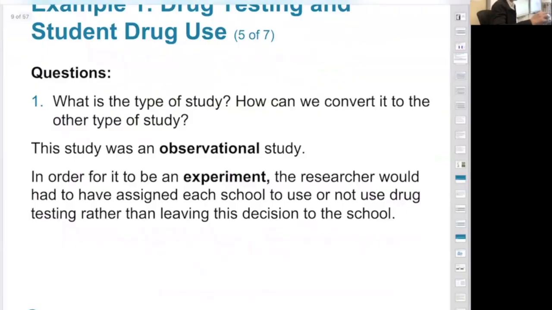In order for it to be an experiment, the researcher would have assigned each school to use or not use drug testing, rather than leaving this decision to the school. Because in this case, it will be experimental, not observational.